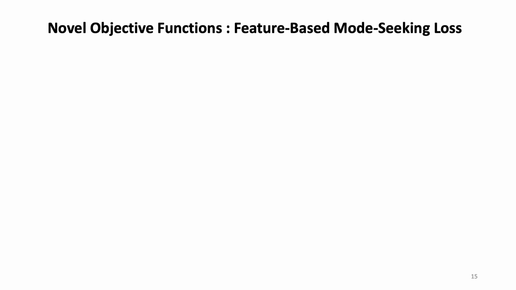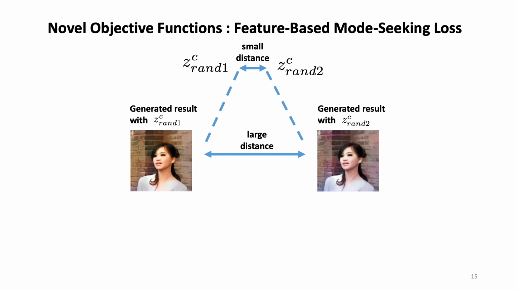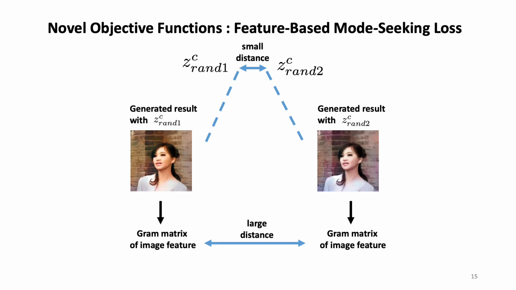The last one is feature-based mode-seeking loss. Mode-seeking loss encourages minor change in the color latent code to have a significant impact on the colorization results. In general, the distance of the generated result is computed between image pixels directly. However, we compute the distance between the Gram matrix of image features instead.